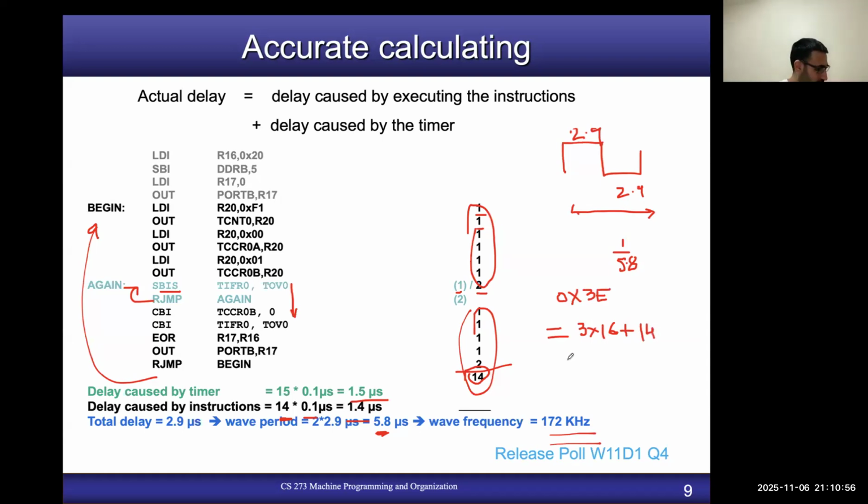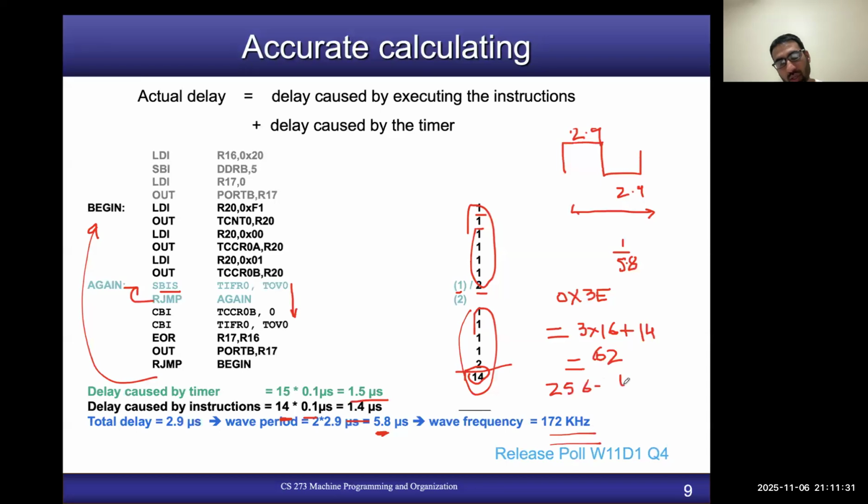You can do the math, or let me do it quickly on my calculator. 3 times 16 plus 14 is 62, right? Then you can subtract 62 from 256, right?